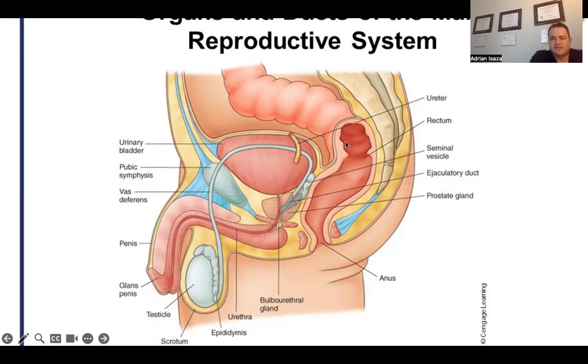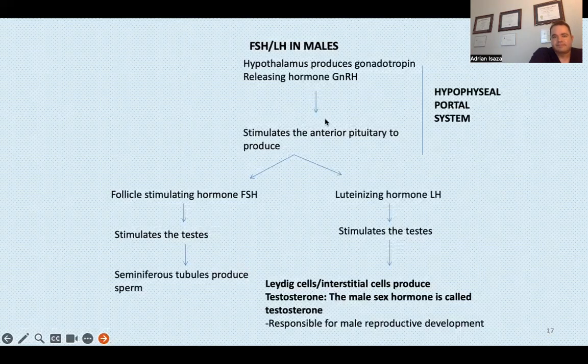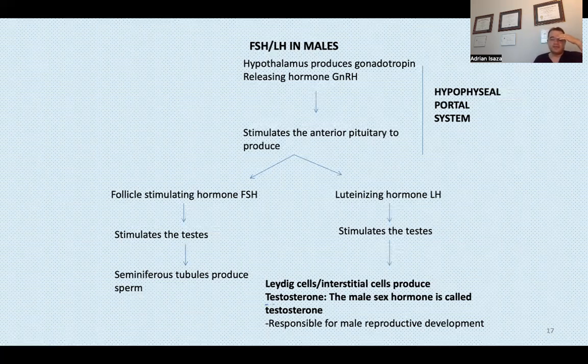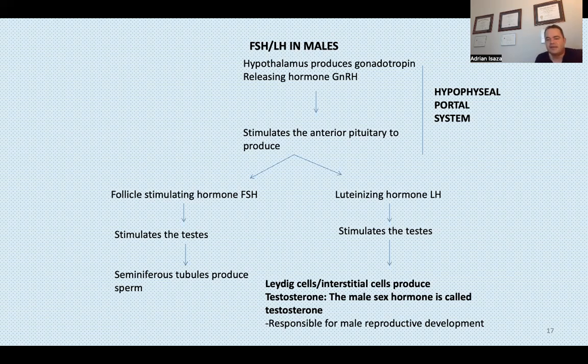And then it receives secretions from the seminal vesicle, the prostate, and the Cowper's gland, which is bulbourethral gland, and eventually dumps into the urethra, right, for the ejection. FSH and LH in men, right? Know what's bolded here. The Leydig cells, interstitial cells, produce testosterone. The male sex hormone is called testosterone, right?